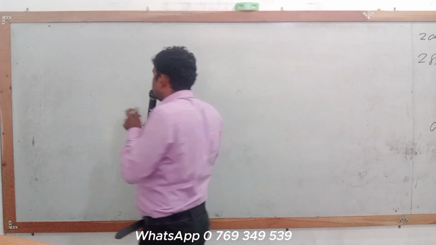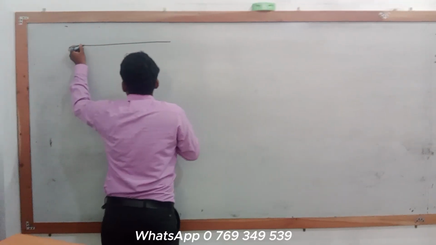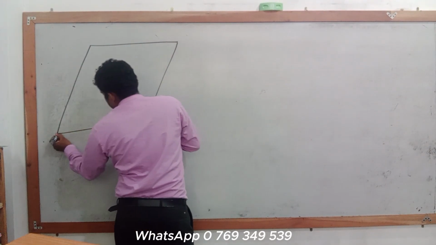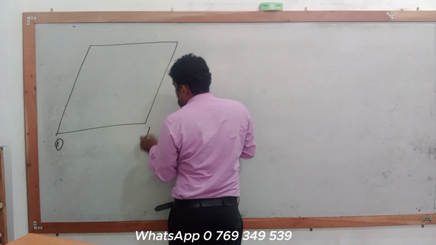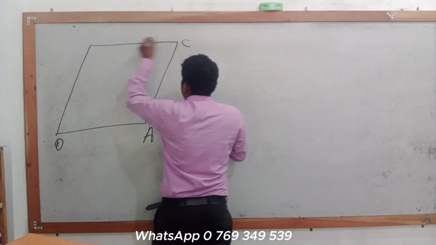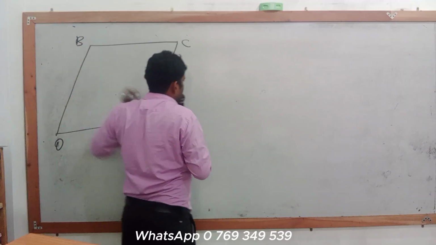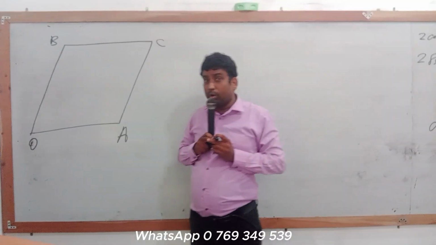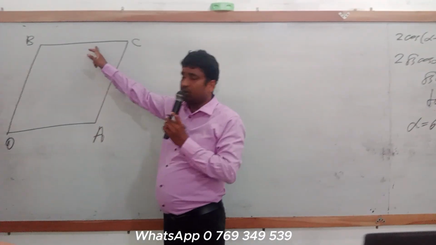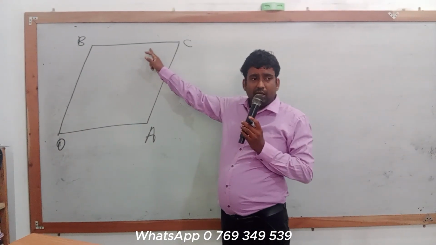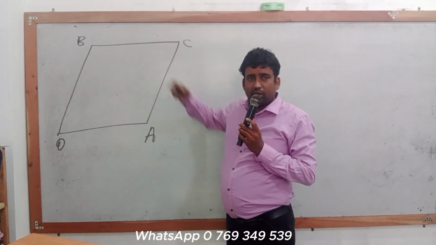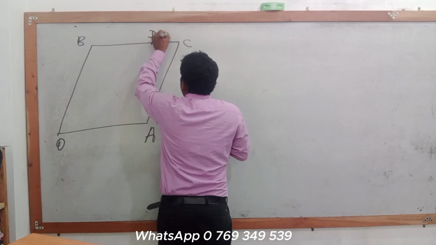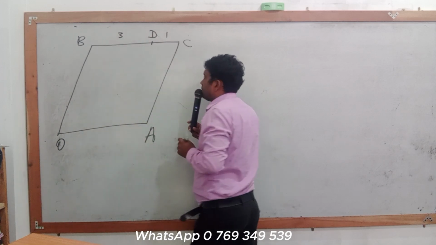OACB is a parallelogram. This is O, this is A, and here C, and here B. This is the parallelogram. Let D be a point on BC. BC is this one. BD to DC is 3 to 1. Here 1, here 3.